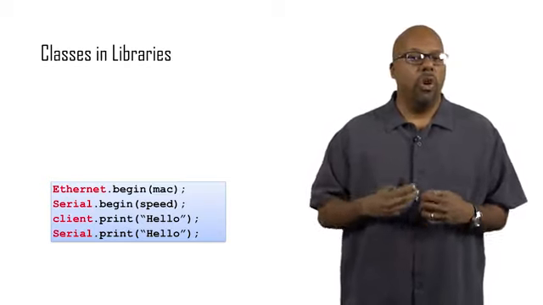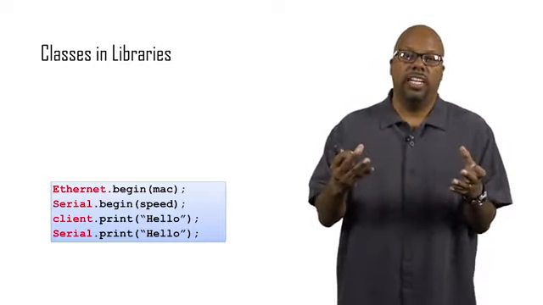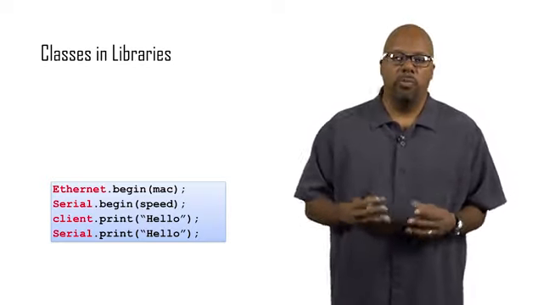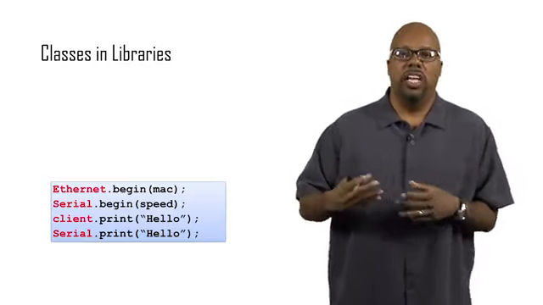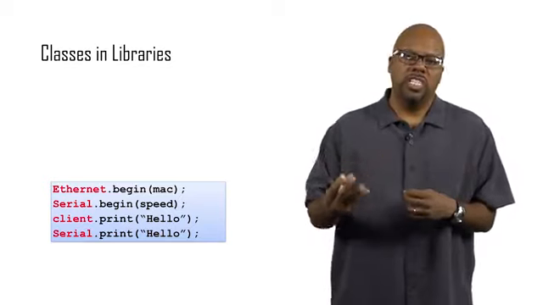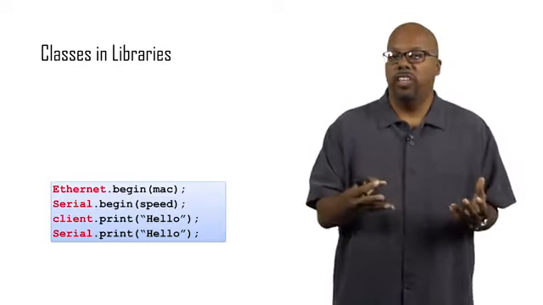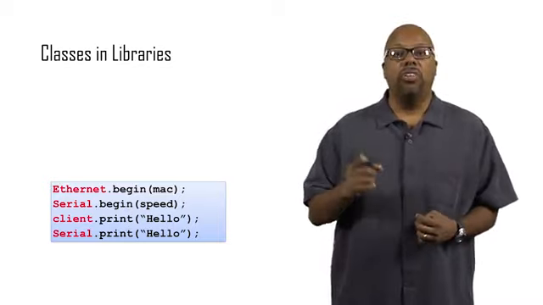You can't just call begin, you have to say Ethernet.begin, because it's from this Ethernet class, so it comes with the library. Next, I have Serial.begin. By the way, begin is an extremely common name for the first function in these libraries. The first thing you do to set up the library, you often call begin. There's another library called the Serial library, if I want to use a serial interface, which we will cover, and that also has a begin.